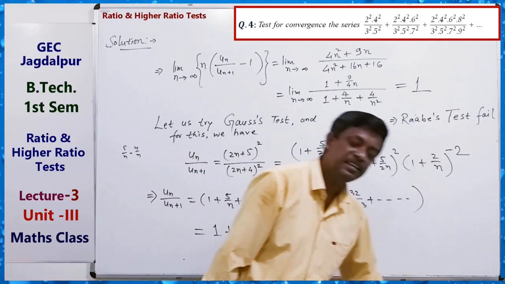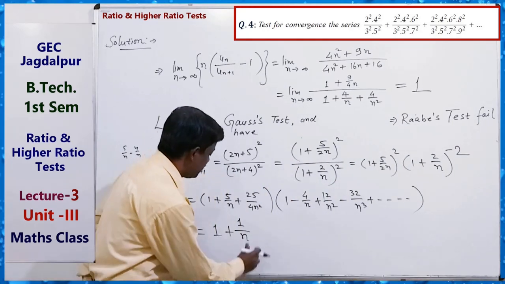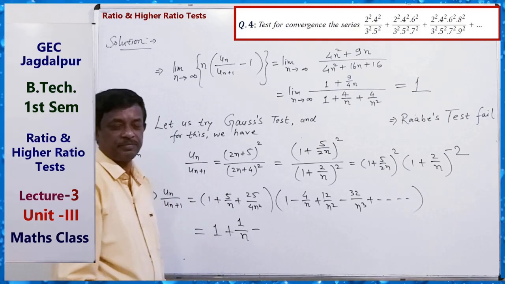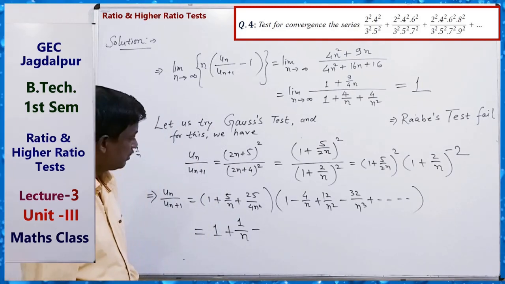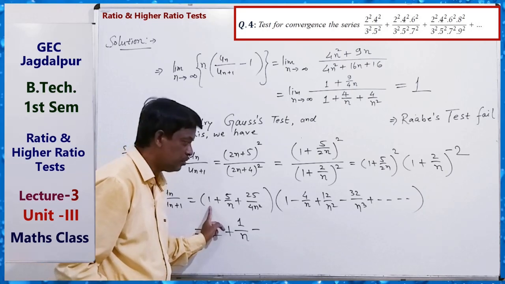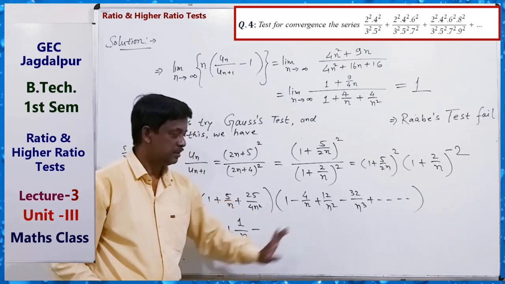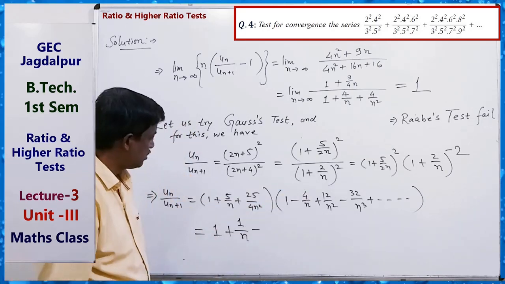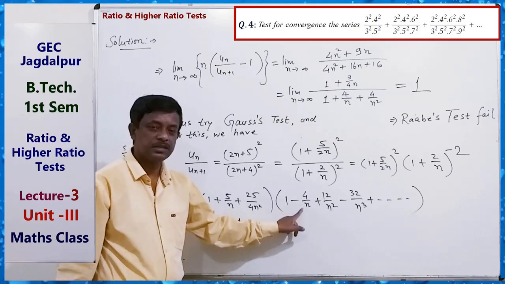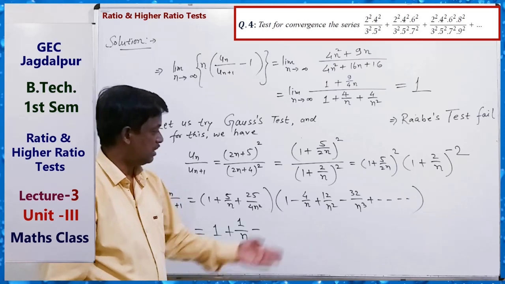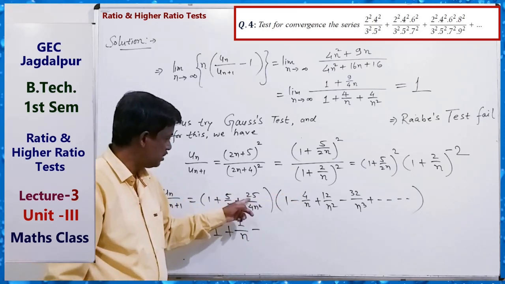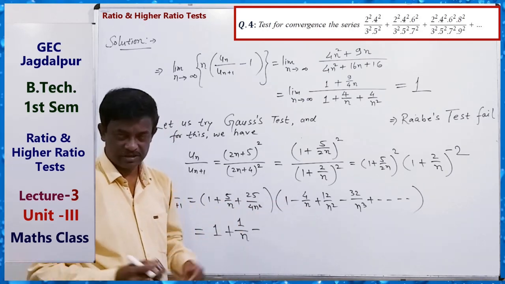Okay. And next term you can write minus 1 into this 12 by n square, and when this into this by n square, and also when this into this n square.